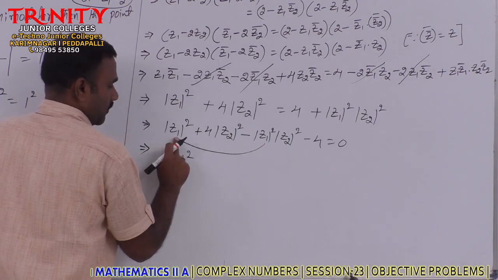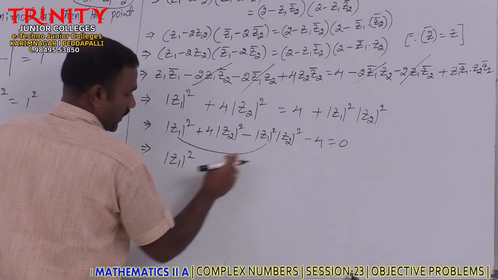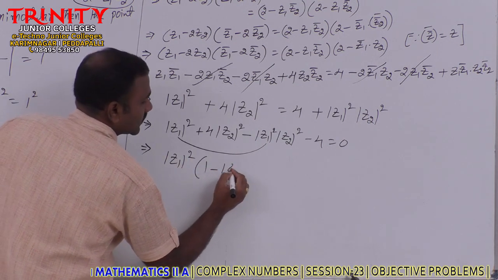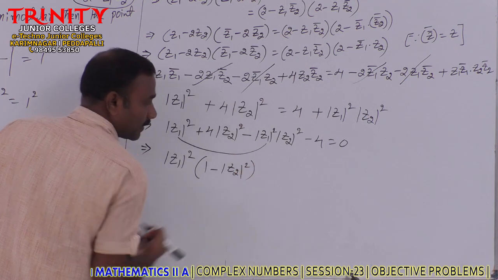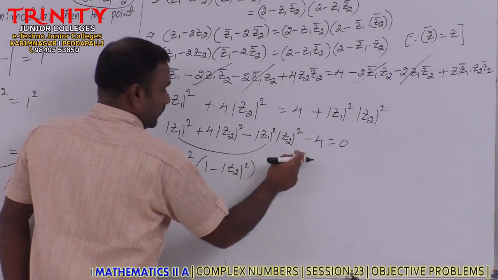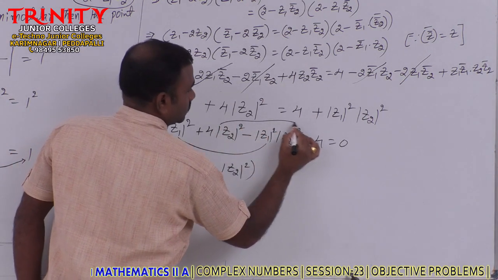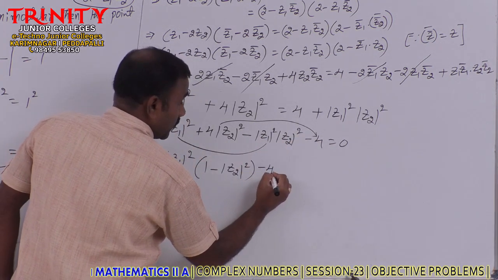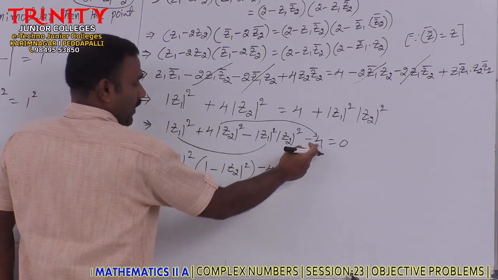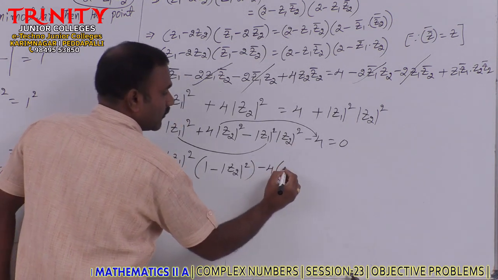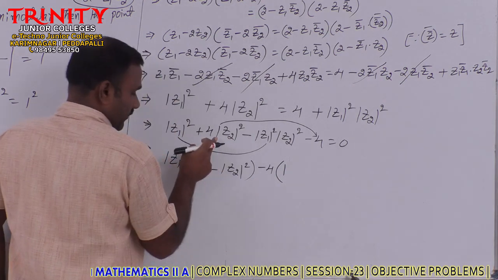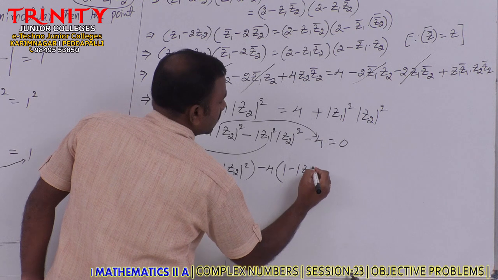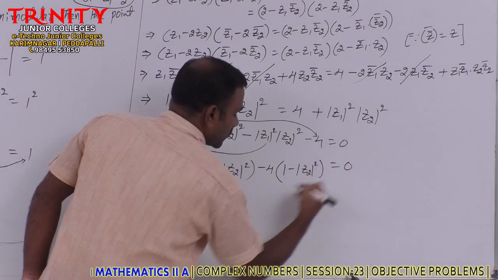Mod Z1 square common, we will get 1 minus mod Z2 square. And from these two we take minus 4 as common, we will get 1 minus mod Z2 square is equal to 0.